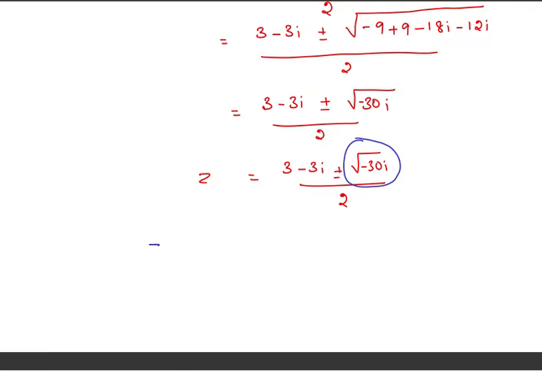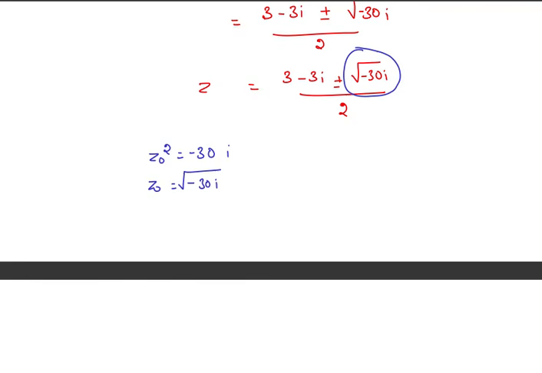So I take z0 square equal to minus 30i. So z0 equal to my square root of minus 30i. So I want to evaluate what is my z0. That is my aim, correct? So I will take z0 as x plus iy.